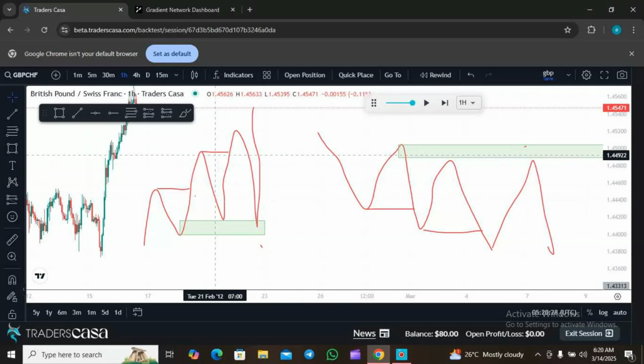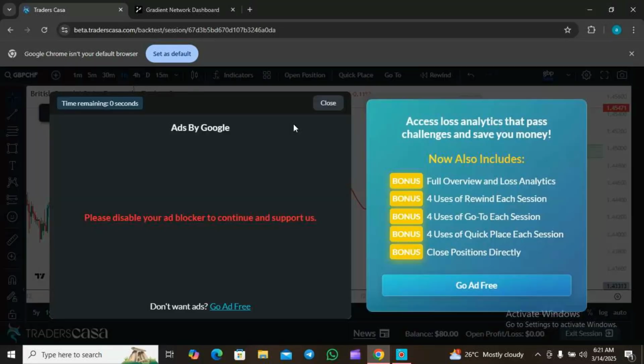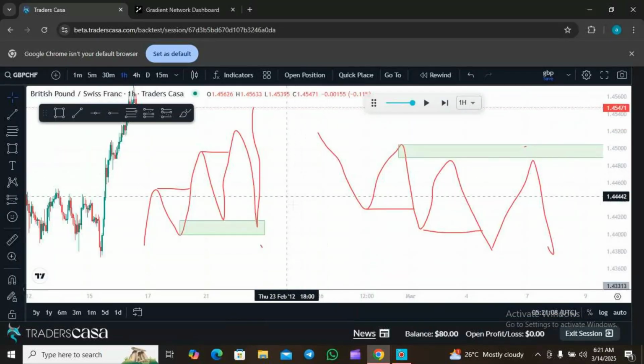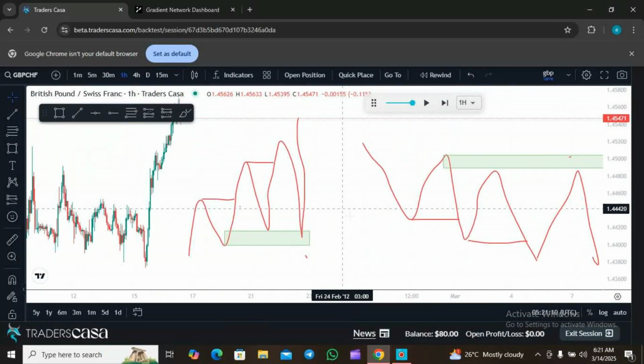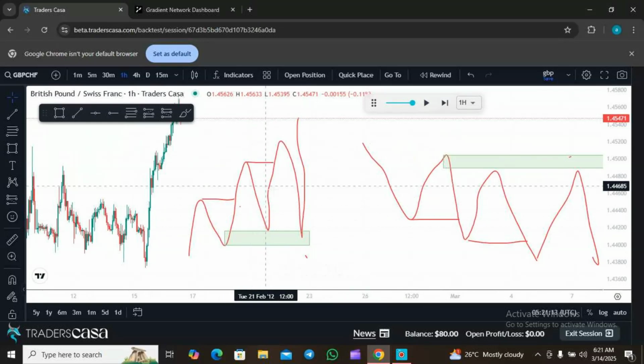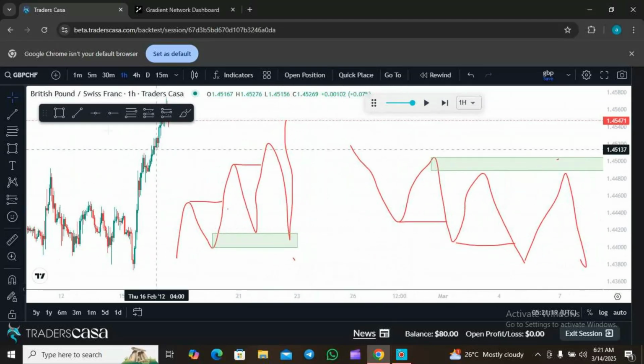Alright, so the confluences here come with this liquidity being inside 50%, right?